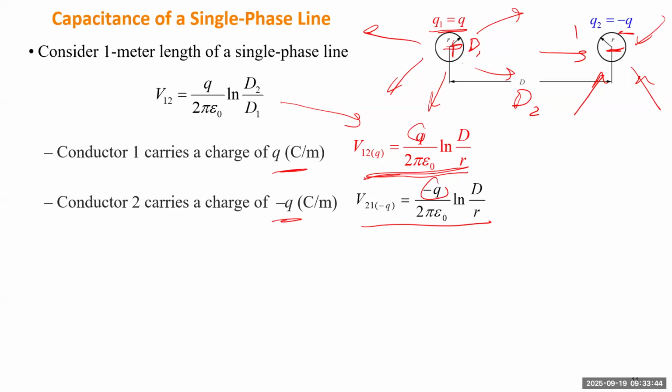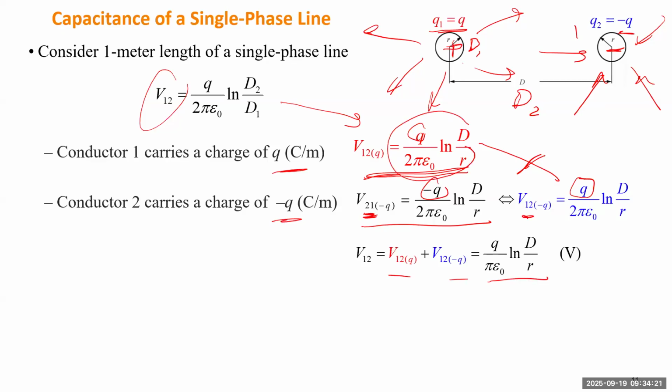The two voltages will add to each other, and the final voltage will be the one we use in the formula to calculate capacitance. We need to swap the subscripts because we want to add the second to the first one. So we change from 2-1 to 1-2, which means we change the charge from negative Q to Q. Next we just add those two together.